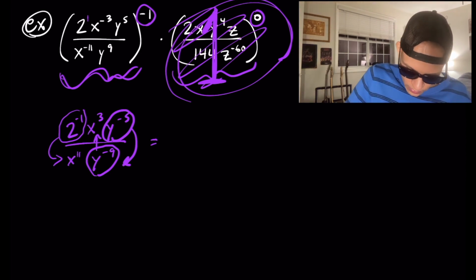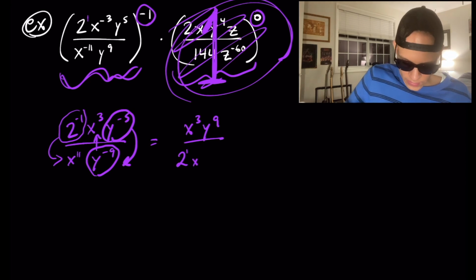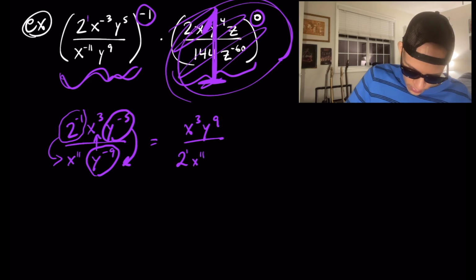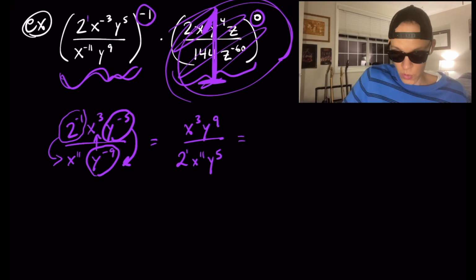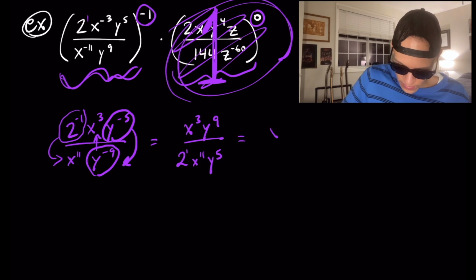So this is going to become x to the 3rd, y to the 9th, all over 2, 2 to the 1st, we could say, x to the 11th, and y to the 5th. And what that is going to give us, I see two quotient rules, so x to the 3rd over x to the 11th. 3 minus 11 is -8, so I'll have x to the -8.